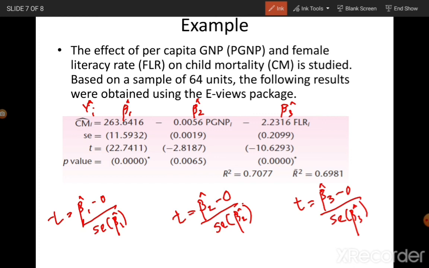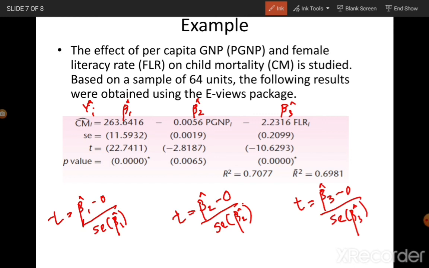So things to remember: when you reject the null hypothesis, or when you say that we cannot accept the null hypothesis, you are saying that the coefficient you're talking about in the null hypothesis is significant. This usage comes from the fact that generally the null hypothesis is that the coefficient is equal to 0.